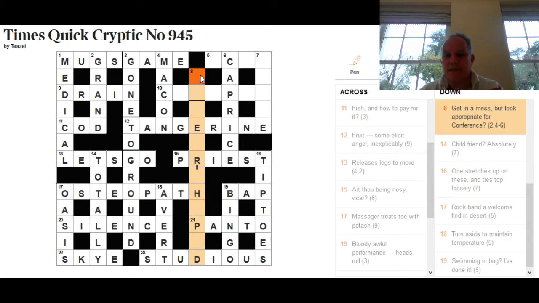And the clue says, "Get in a mess, but look appropriate for Conference?" Now this isn't very straightforward, but again, we make sure that we know that there's a definition either at one end or the other. So it could be conference, or it could be get in a mess. And again, the letters in the grid might help you figure that one out.